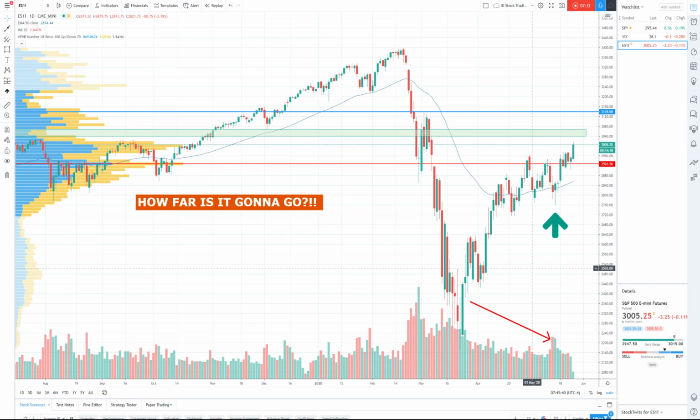The overall state of the economy is, I think, far worse than what the index is showing us. So don't be fooled. Be a little bit more skeptical than usual.